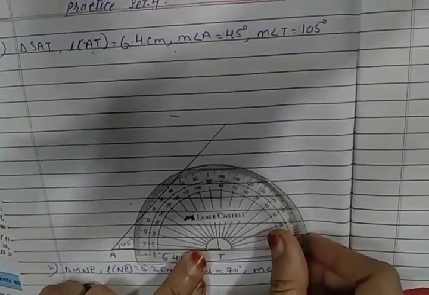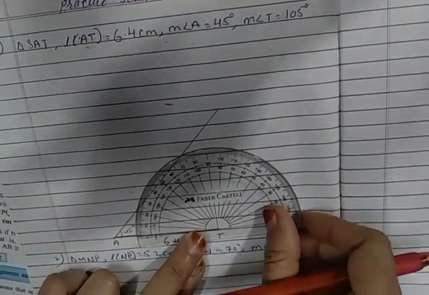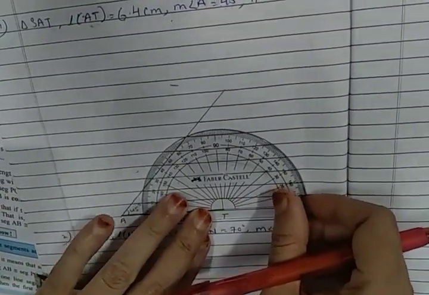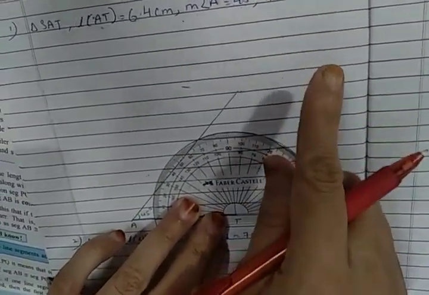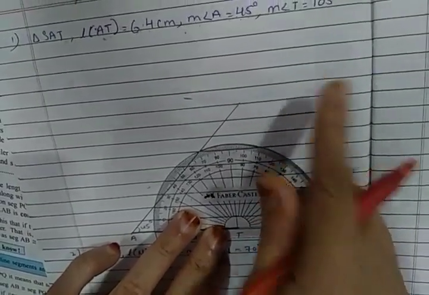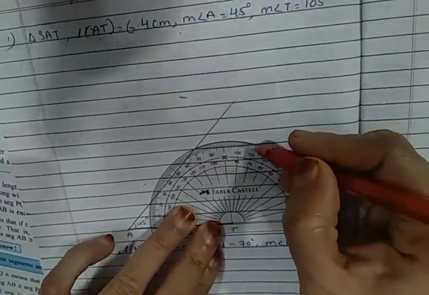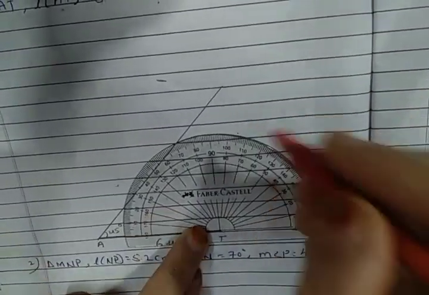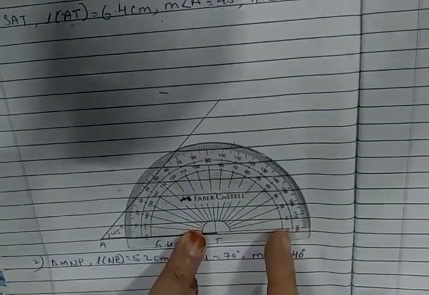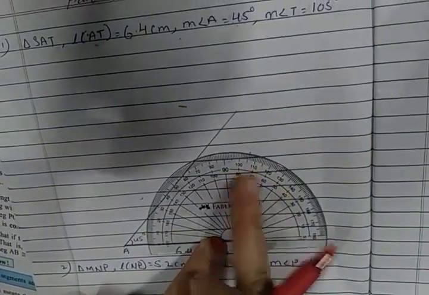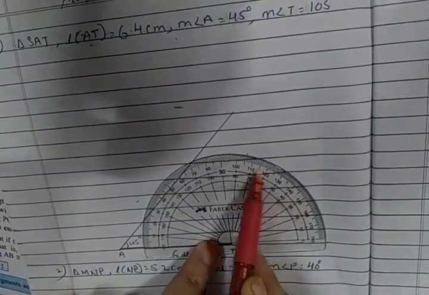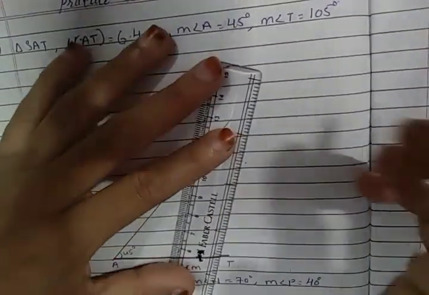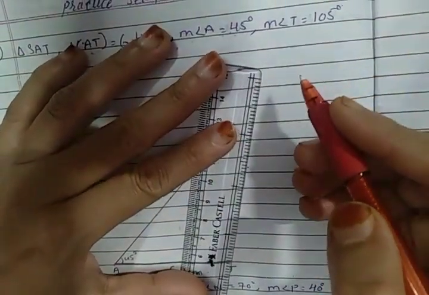Place this protractor on point T, and 105 means more than 90. It is an obtuse angle triangle. So it will be here, 105. When you are placing the protractor on the right side, take this upper one. Now join this like this.